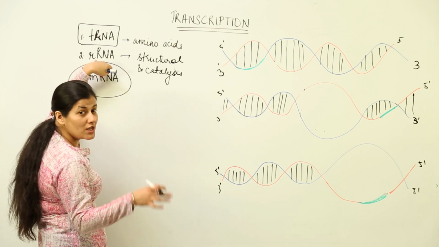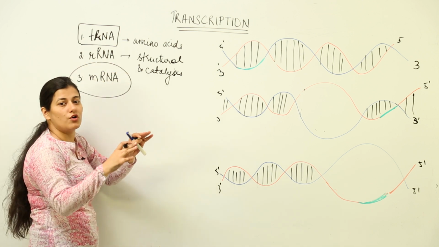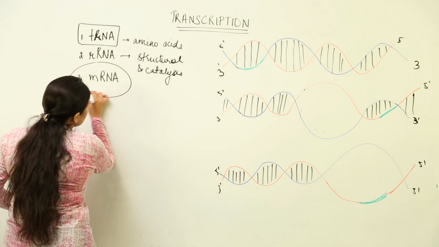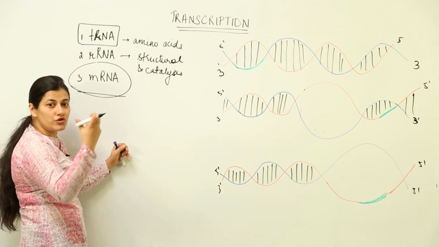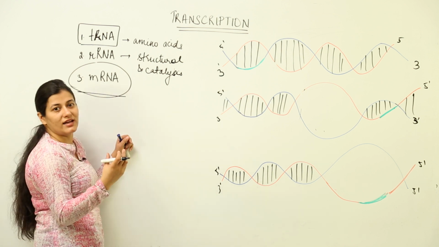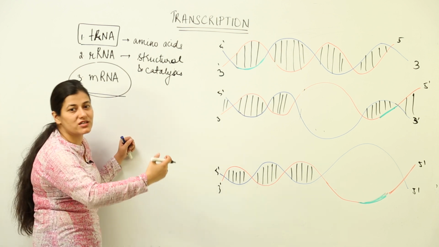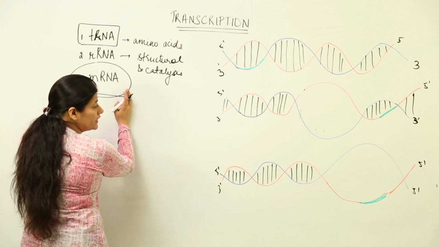And what are ribosomes? Ribosomes are the cell organelles which act as the site of protein synthesis. And lastly, we have the messenger RNA that will have the RNA transcript. It would have all the information that DNA wants to be expressed as a protein. So, that lies in mRNA.